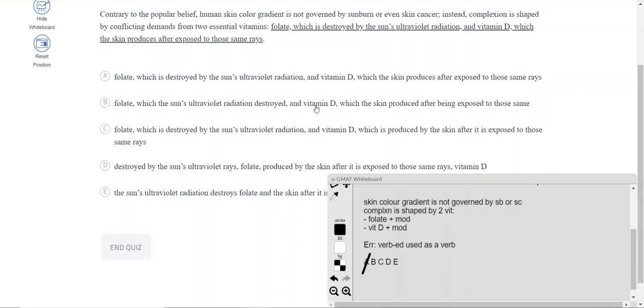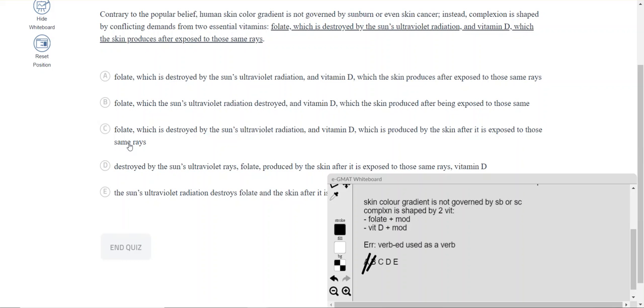Moving on. And vitamin D, which the skin produced after being exposed to those same. Now, same doesn't have a referent, it's ambiguous. The way these verbs have been constructed, they're not really verbs, they're ed forms. It's repeating the problem. B is wrong.